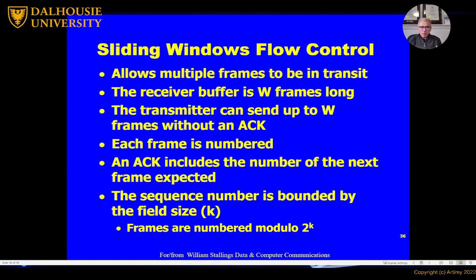It receives an acknowledgement for the first one, so it can send another frame. As long as the transmitter does not leave more than 4 frames unacknowledged, it's fine. Right? So we handle that by doing a sliding window.